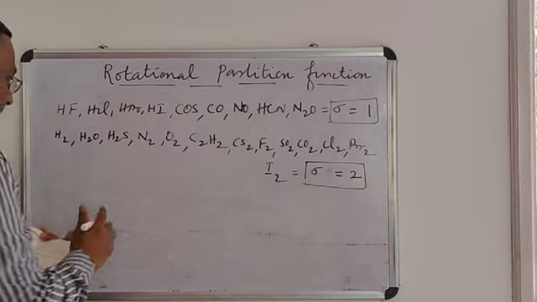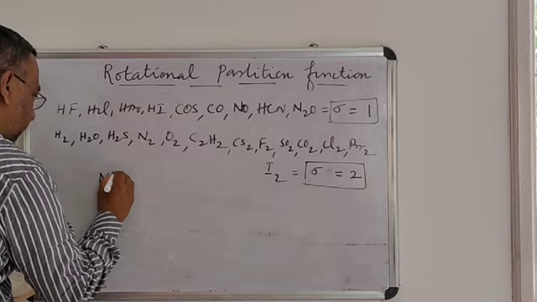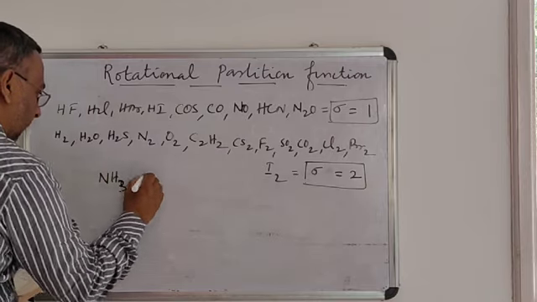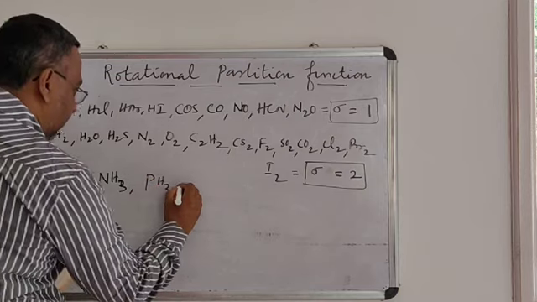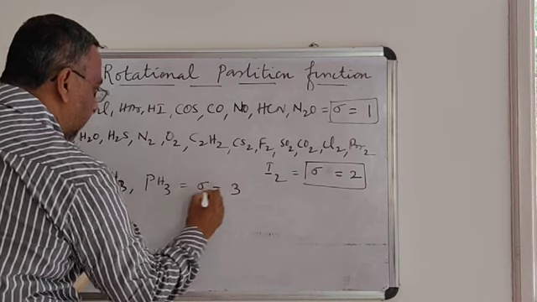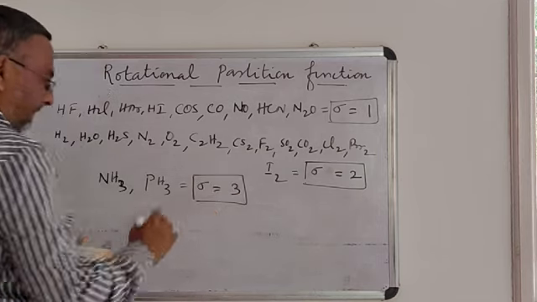Similarly, in the case of ammonia and phosphine, okay, the sigma value will be equal to 3.